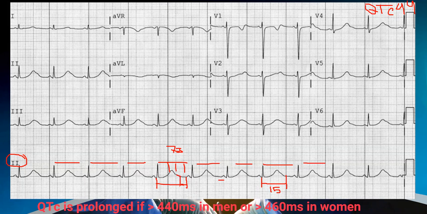This is the end of the T wave. This is the Q wave. Again, it's 15. Like I would say 5, 5, 10, 11, 12, 13, 14, yeah, 15 will be fine.